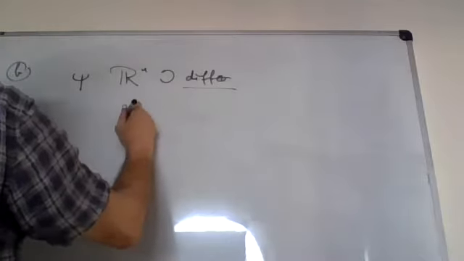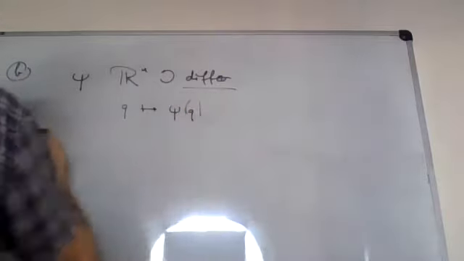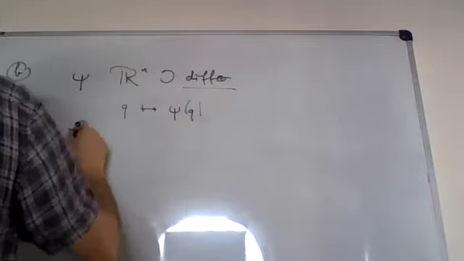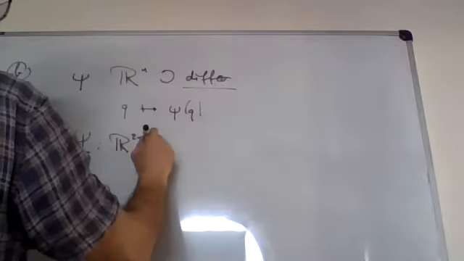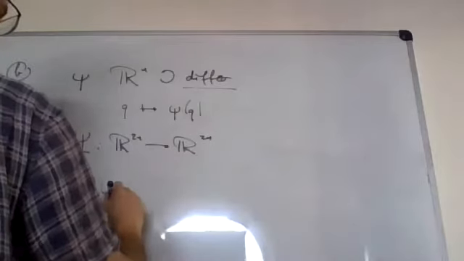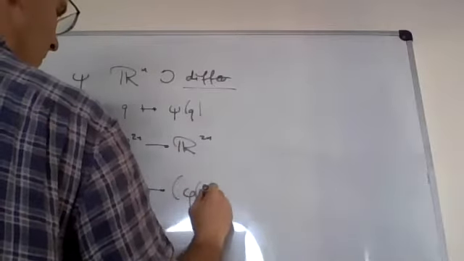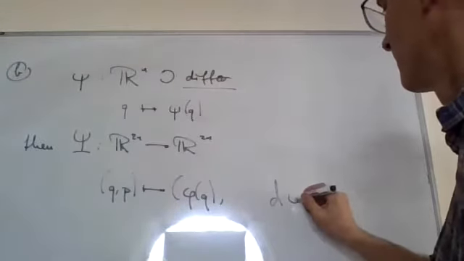So here I have Q, and I take it to psi of Q. So then this map, well, let's call it maybe 5.